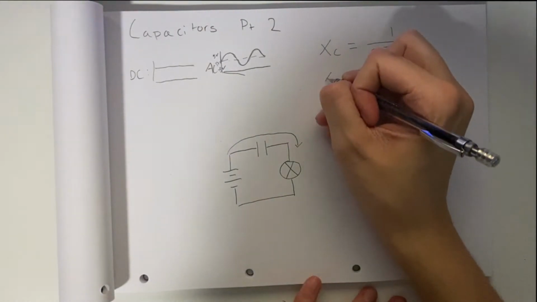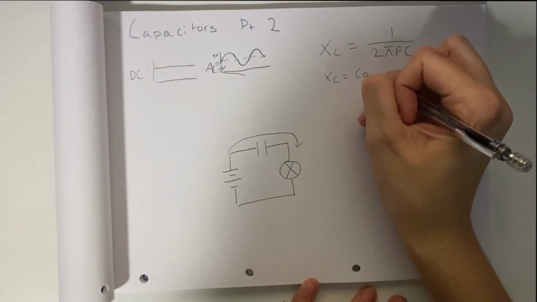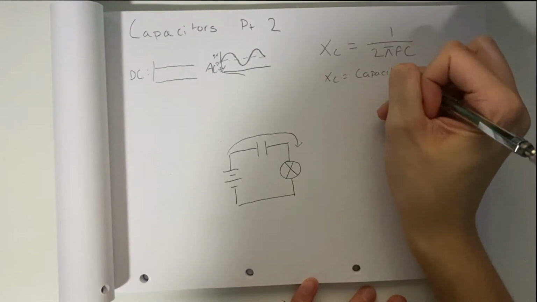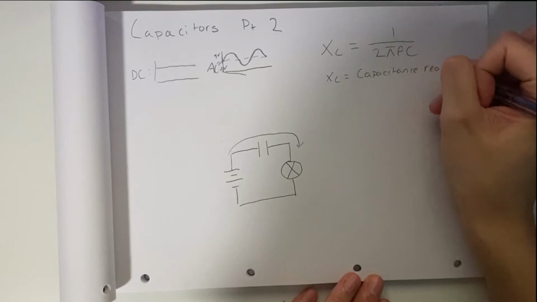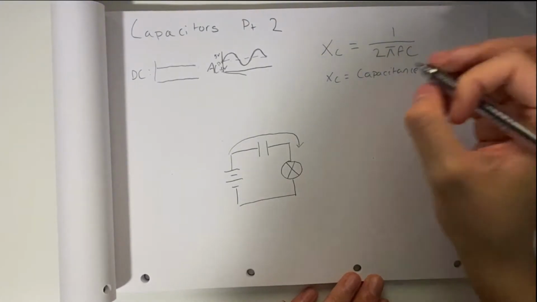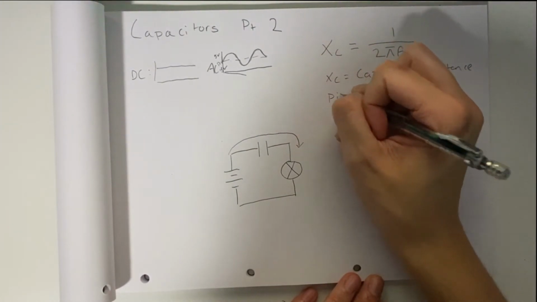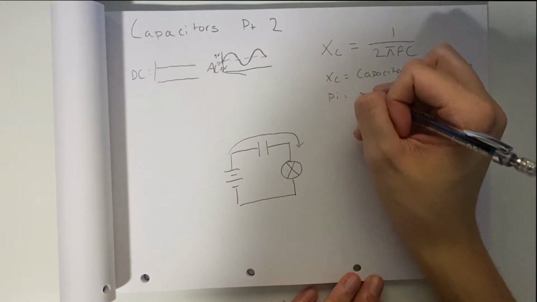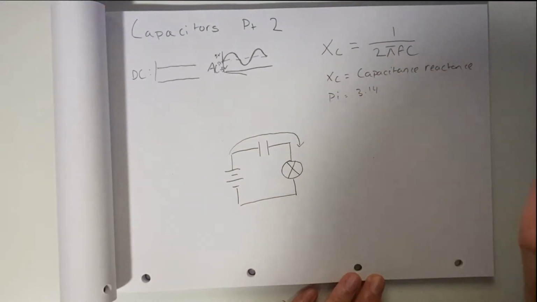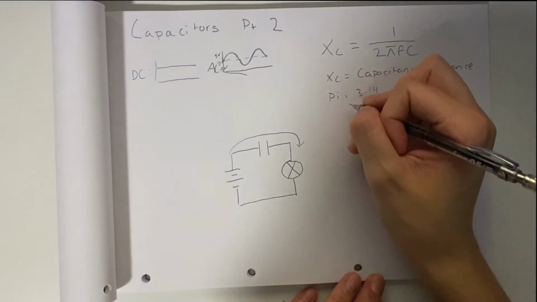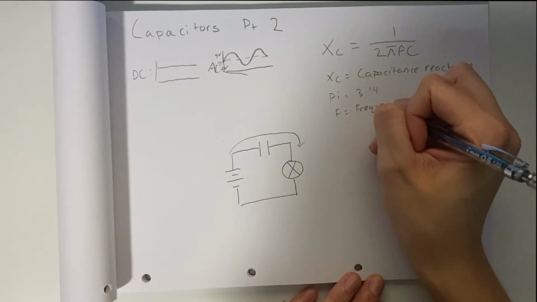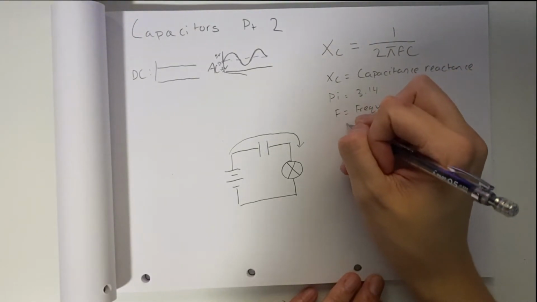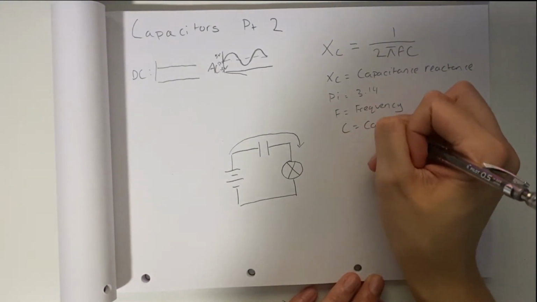So Xc equals capacitive reactance, pi equals 3.14, you get it. Our f is our frequency, and C is our capacitance.